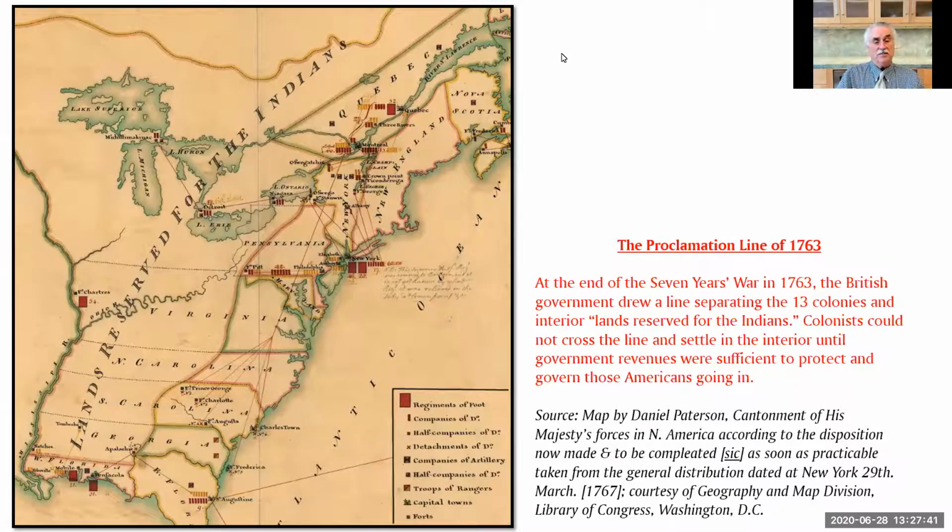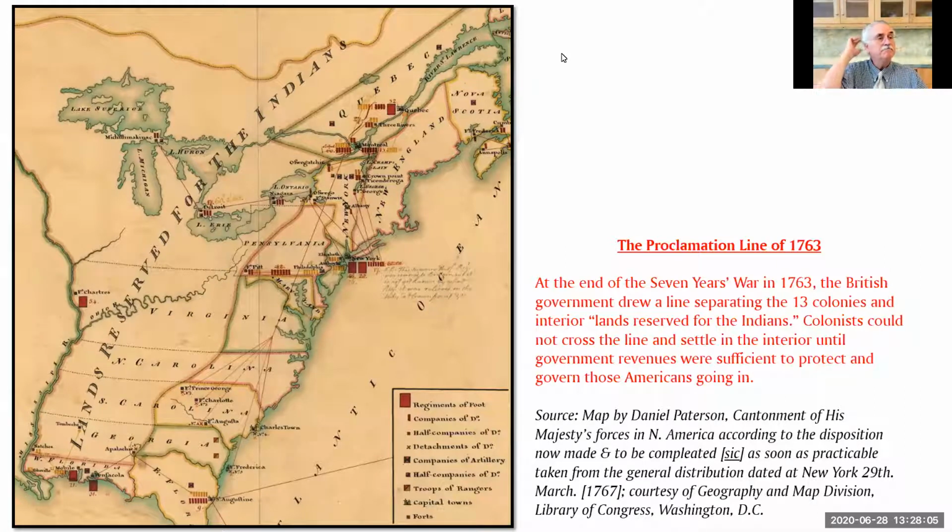So in other words, the war had been fought ostensibly for the purpose of English colonists being able to move into the interior, but the war is over and their own government stops them from going in until enough money is available to open up the interior in an orderly fashion.